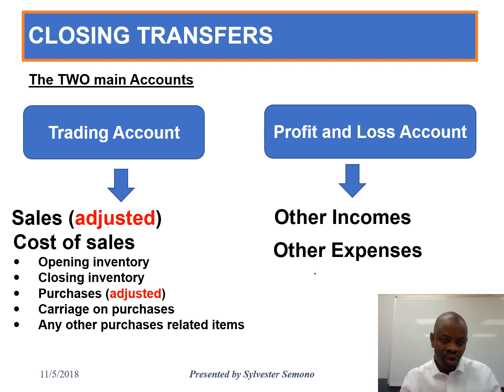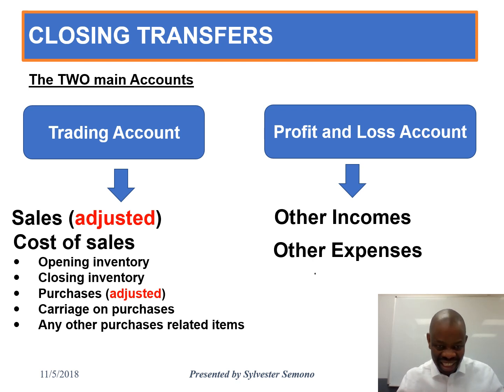Firstly, let's focus on the trading account. A trading account consists of the following items. If you are under the perpetual inventory system, you will have to transfer sales and cost of sales. Now let me focus on the sales for now. The sales need to be adjusted. Remember, sometimes we sell goods and our customers can decide to return those goods.